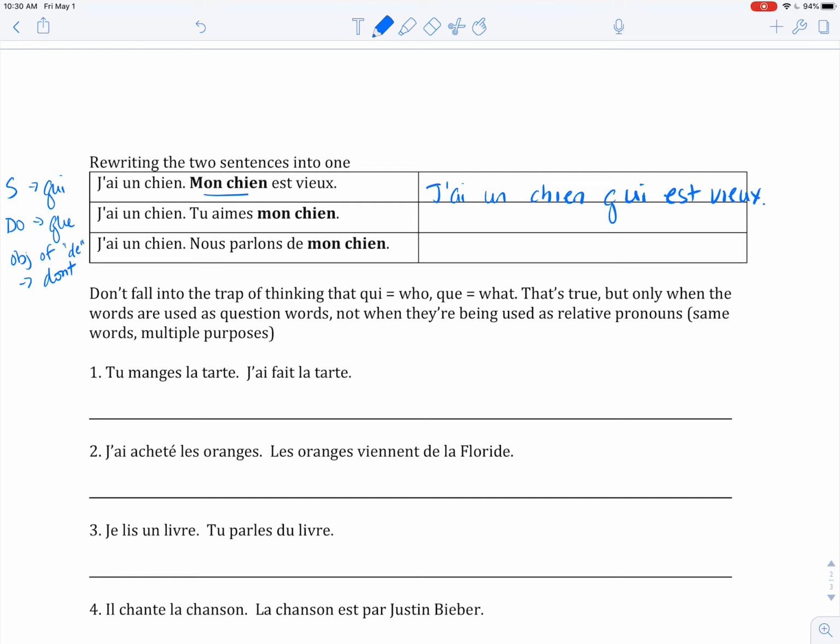Okay. In the second one, it was the direct object. So we're replacing the mon chien, and it'll give us j'ai un chien que tu aimes. And the last one, we're going to replace the de along with the noun mon chien to give us j'ai un chien dont nous parlons.